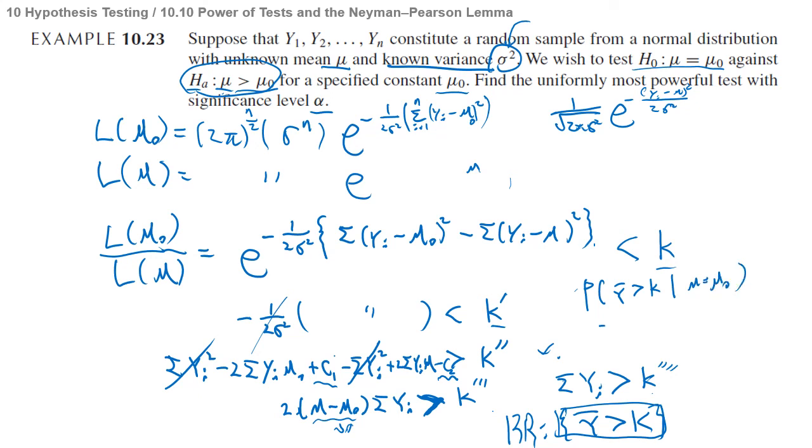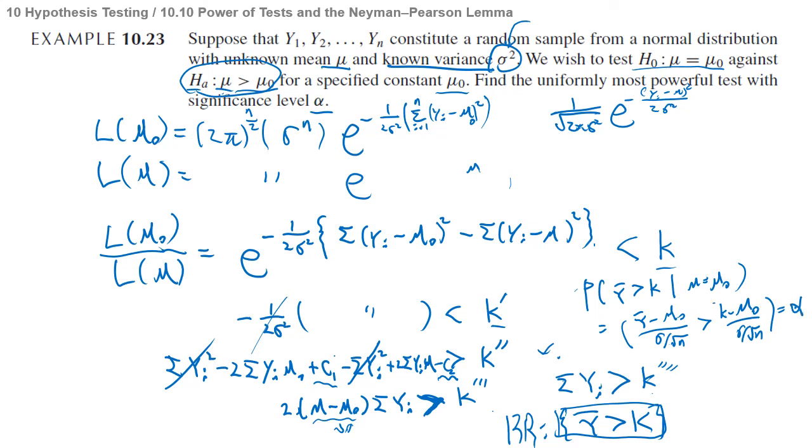This probability is: y bar minus mu 0 divided by sigma over square root of n is greater than k minus mu 0 divided by sigma over square root of n, and this is alpha, the alpha level.